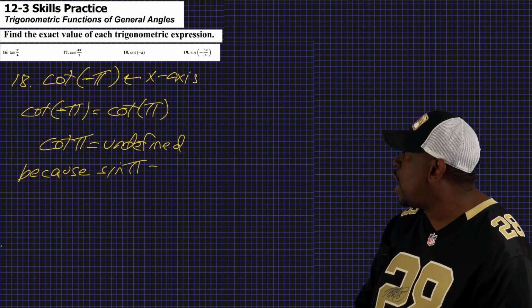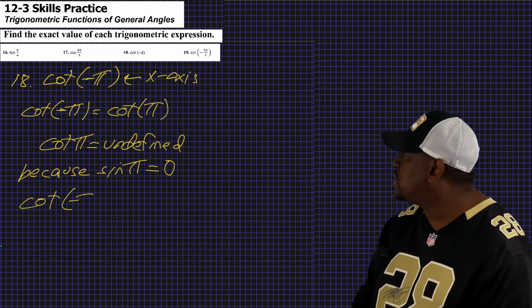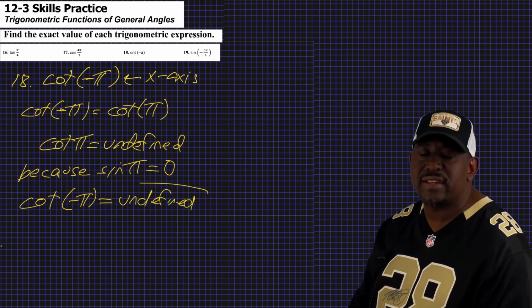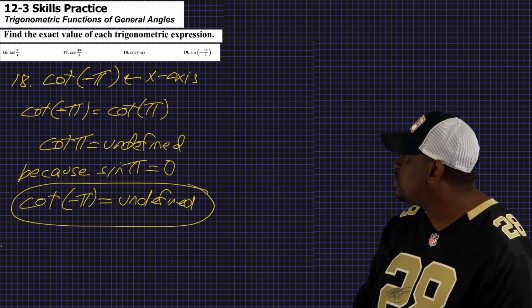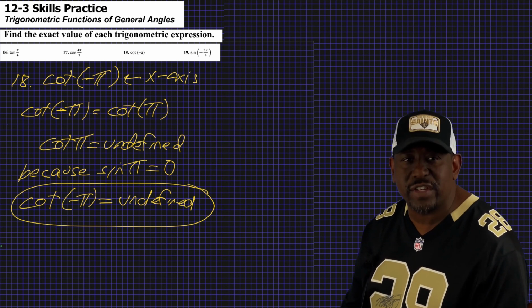He's telling you why it's undefined, because sine theta is 0 and you're dividing by 0. So that is the explanation, as I said a few seconds ago. So we're done. We circle that, and we're done now with another math adventure.